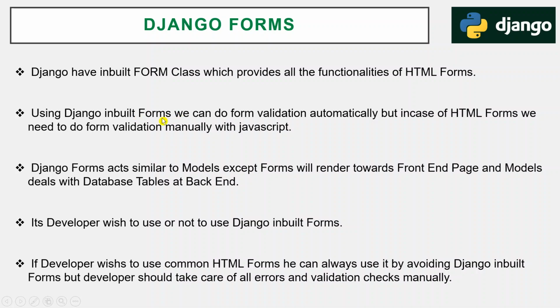If you like you can use me, otherwise you can go on and use HTML forms and do whatever you like, right? So some inbuilt validations are there, friends. In the demonstration class I will explain to you. For this, please remember these things. By using Django forms, the advantage is the validation is automatic.